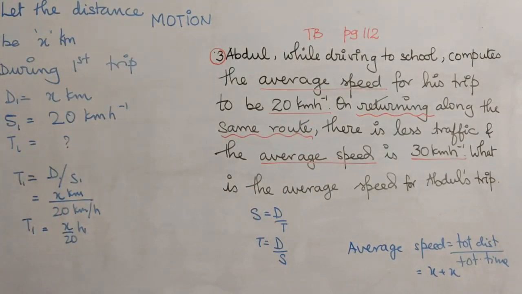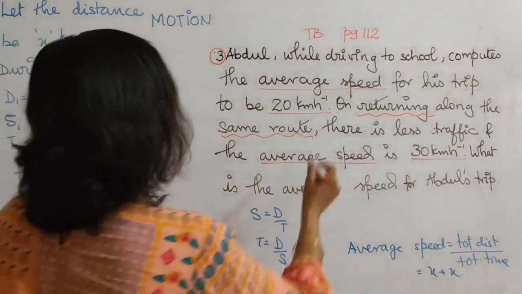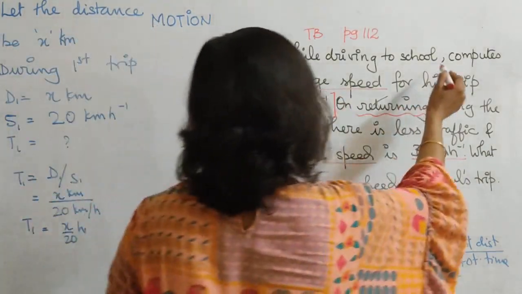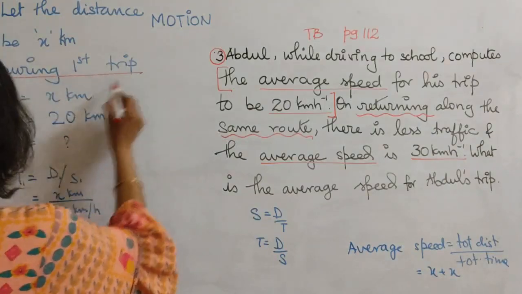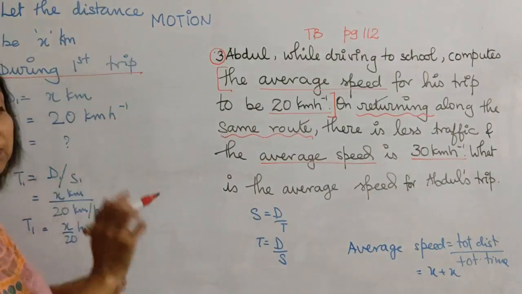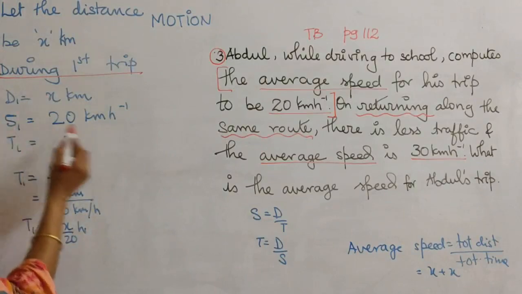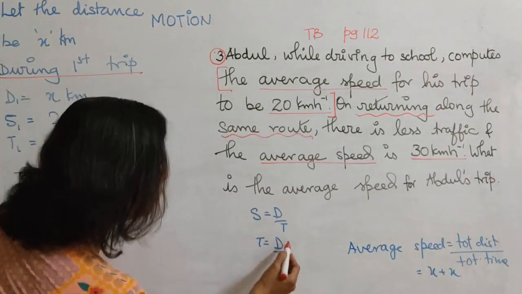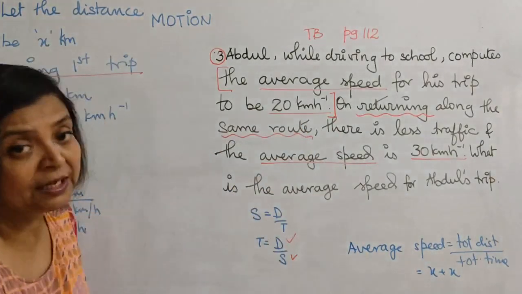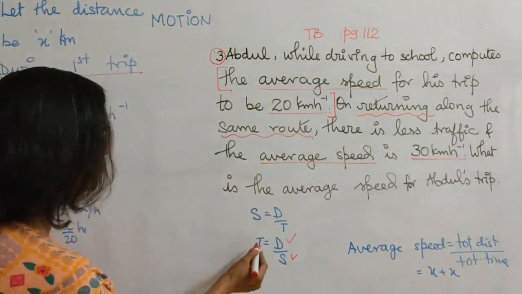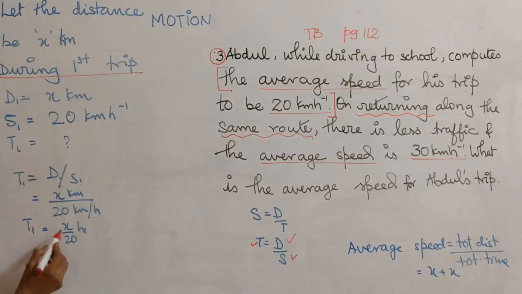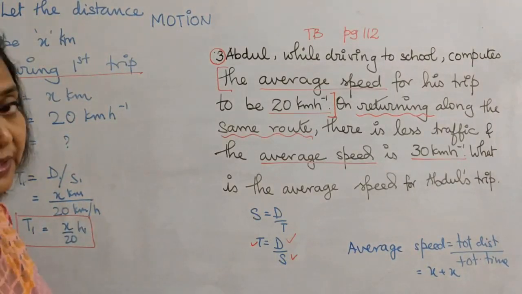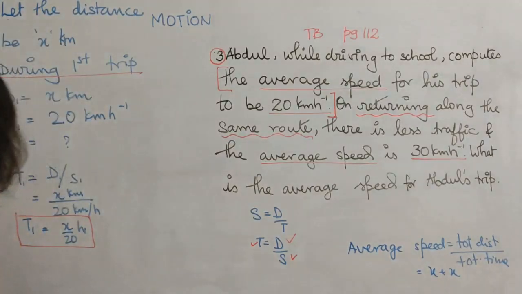So during the first trip, the distance is, as we assume, x kilometers. The speed is given to us. When you know the distance and you know the speed, you can very well compute the time. And that is T1 is equal to D1 upon S1, and we'll end up with T1 is x by 20.